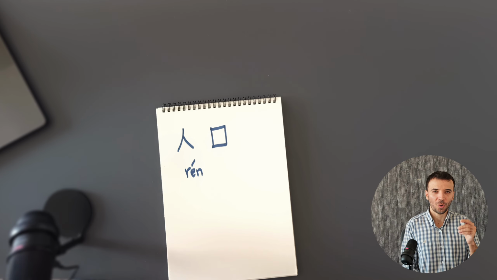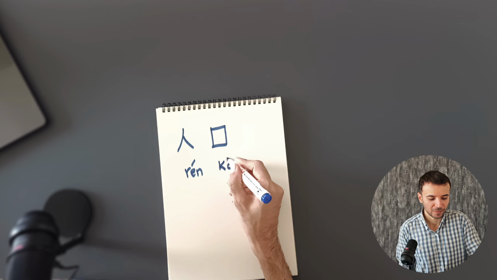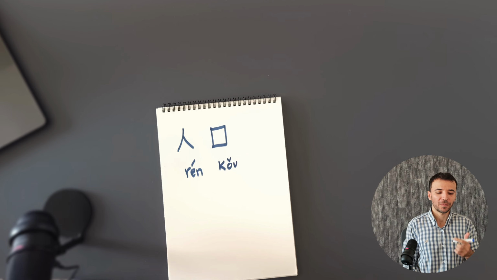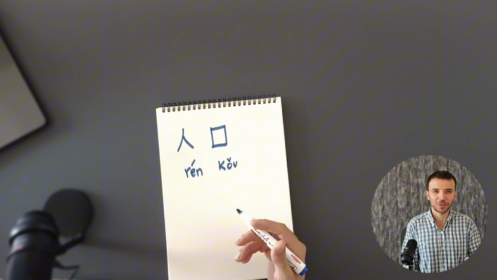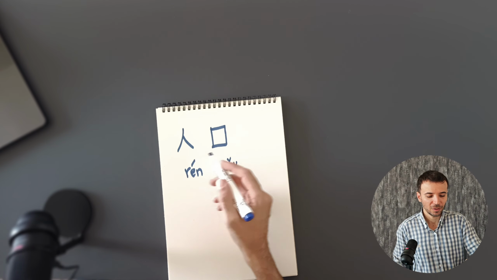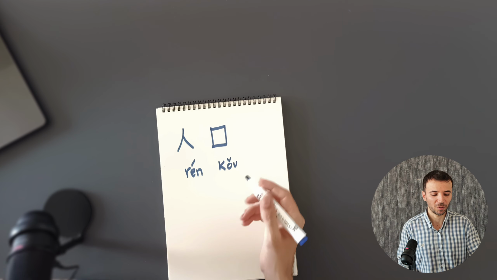Kǒu. Kǒu means mouth. One of the great things about the Chinese language is we only need to learn a few characters and we can make so many words from them. Rénkǒu means population. So we just combined 2 characters that we already knew, and then it became a new word. Rén, kǒu, 2 separate characters, we write them together, becomes a word.